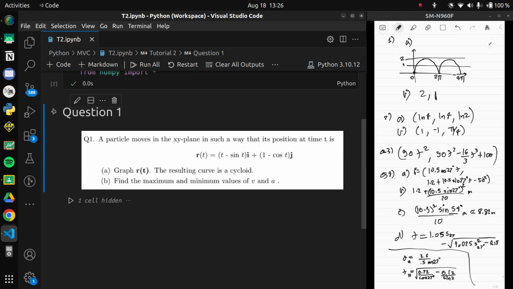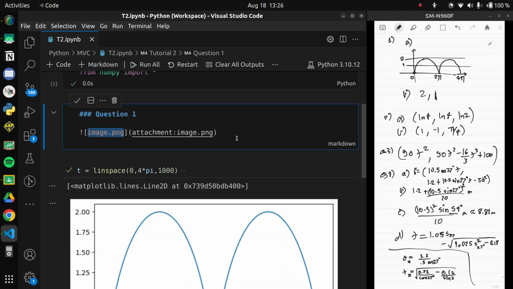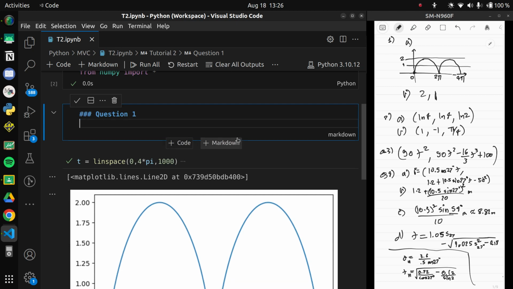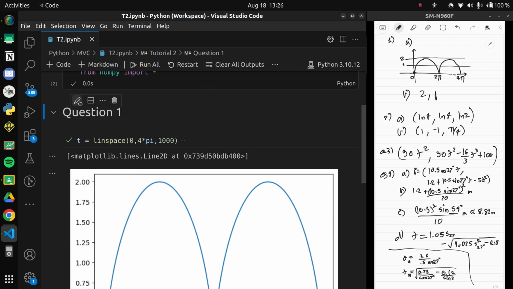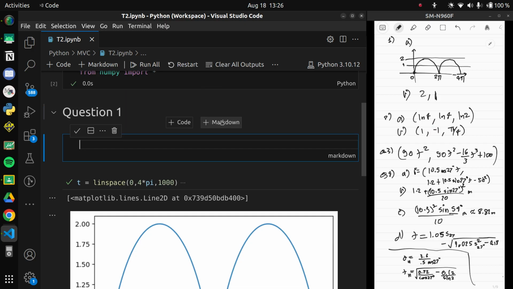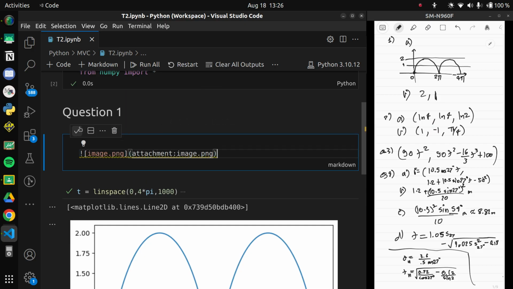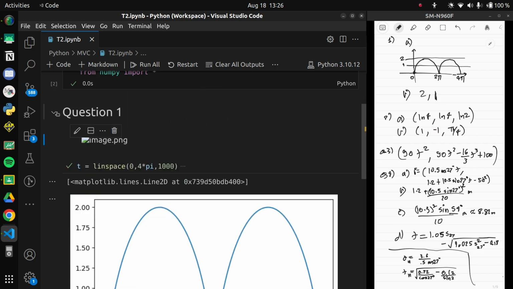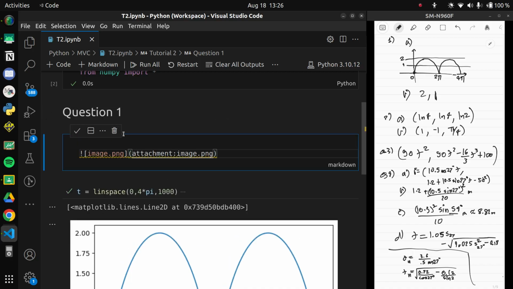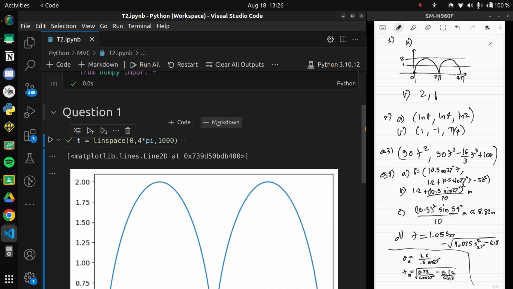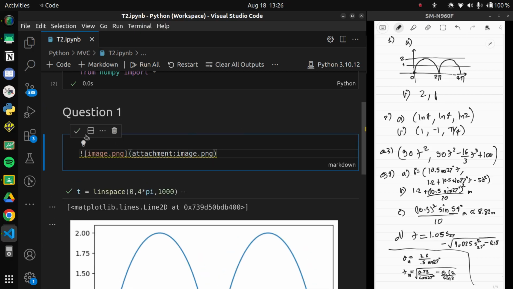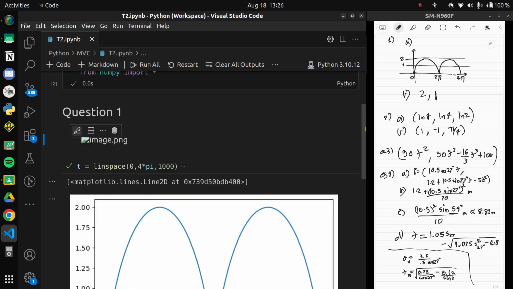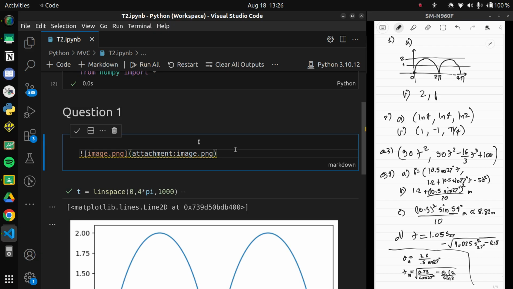I see. So this won't work like that. I will have to put the image at some other location. Oh, so you don't actually just, I see. So I just actually have to paste it like that. That doesn't work.